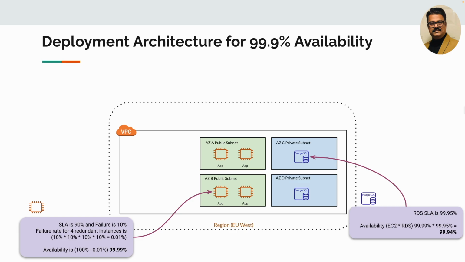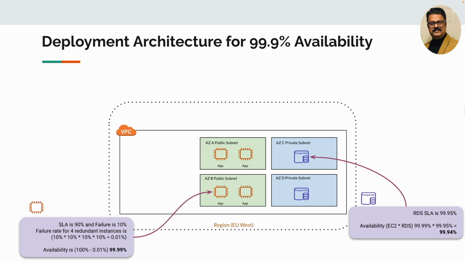What we need to do is multiply our EC2 instances availability with the RDS availability, and the outcome will be 99.94%. As you can see, our overall availability has reduced slightly from 99.99 to 99.94%, but this is still more than what we wanted, which is 99.9%.